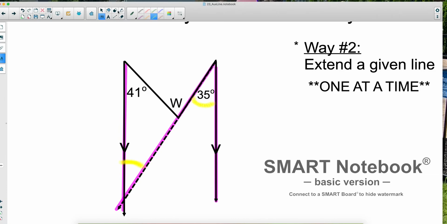Okay, so now that means that this angle in here, these are alternate interior angles. So again, maybe I'll just show you that by putting little arrows here and here. Right, we have alternate interior angles.